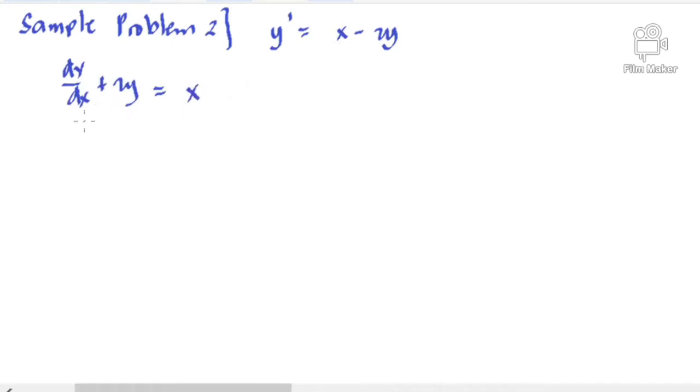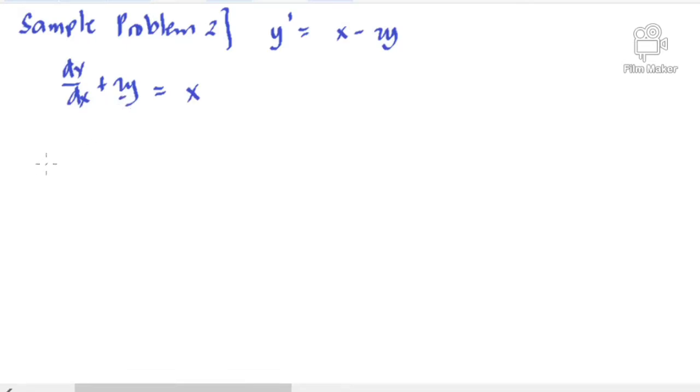Kung titingnan nyo guys, ito ay nasa form na siya ng dy over dx plus 2y is equal to x. Or nasa form na siya ng dy over dx plus p of x y is equal to q of x. So, ano yung p natin sa tingin ninyo? Ito, di ba? 2.